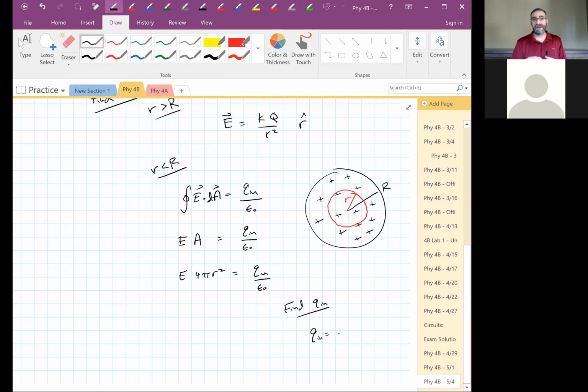You can first find the charge density and multiply that by the volume of your Gaussian. It's the same equation either way. But you end up with the volume inside times Q total over V total, right?